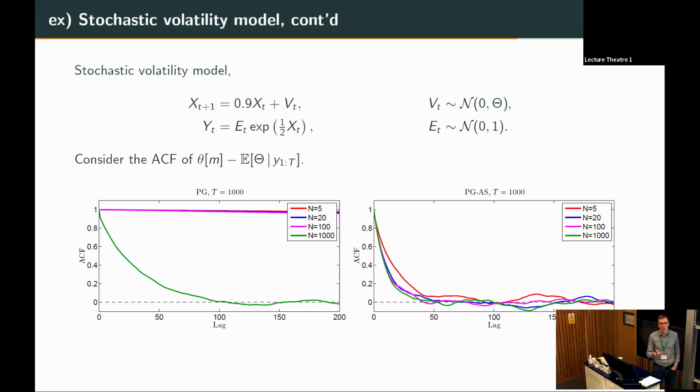There you don't have this alternation between x and theta. You're trying to sample theta directly from its marginal. But then again, you need to have a proposal distribution in theta. You also need to have a sufficiently good likelihood estimator. So you have something similar to this situation that we need to scale N linearly with T to get that to work.